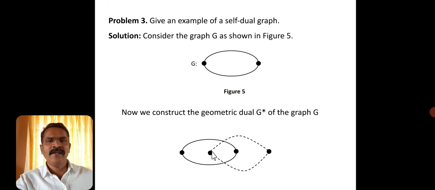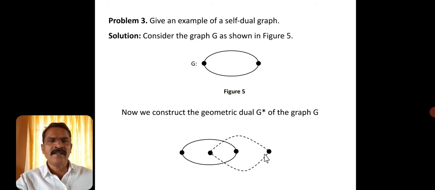So you have to join these two vertices by an edge. Similarly, this edge is common to this interior face as well as the exterior face. So you have to join the vertices corresponding to the interior as well as exterior by another edge crossing this edge. So this is how we got a dual of the graph G, or geometric dual of the graph G, which is considered as G star.